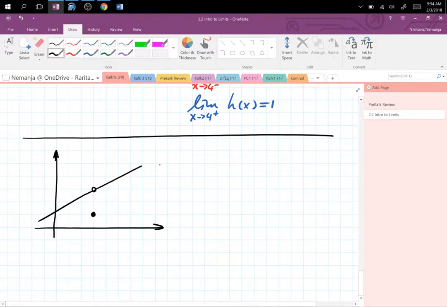So here's the graph of f of x, and you have this point 3 over here. That's a bad value. I don't want to have everything to be 3's. So let's do it this way.